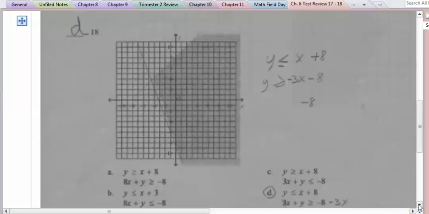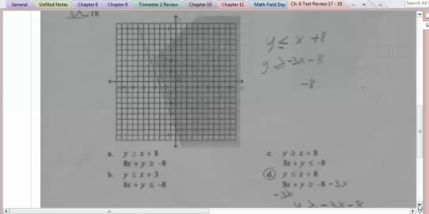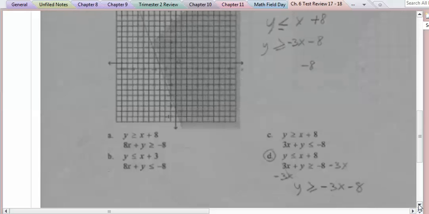18, the same idea. You're going to have to really look at the graph and see if you can figure out which one would work. Now, if I look at the options I have down here, they're all the same. Not this one, it's 3, and that's 8.